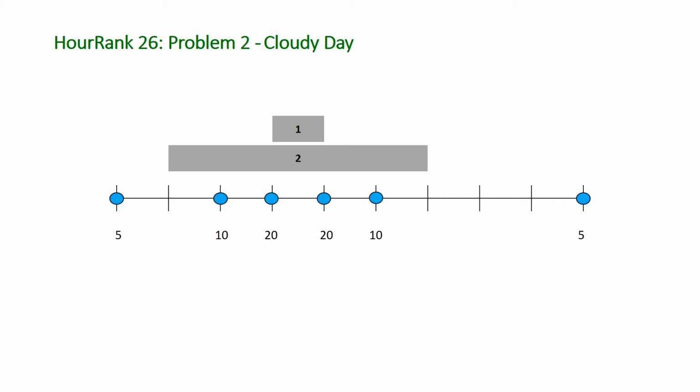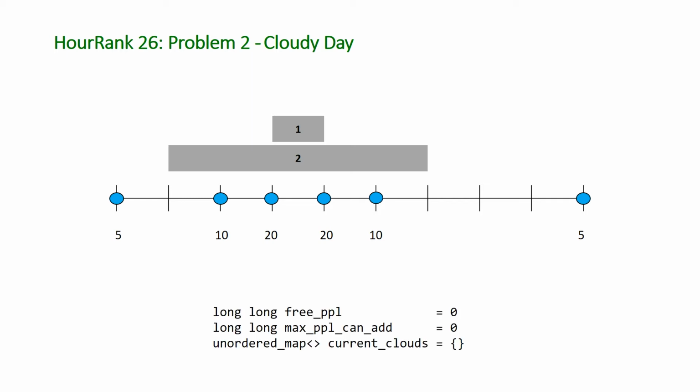If we had multiple clouds and none of them overlapped, we would just need to figure out which cloud is covering the most people, and that is the number we can add to the free people already.